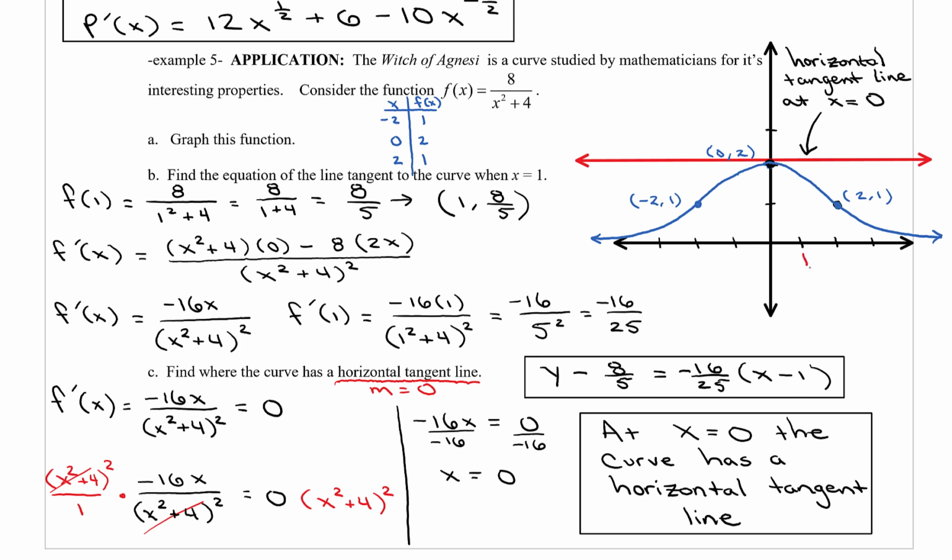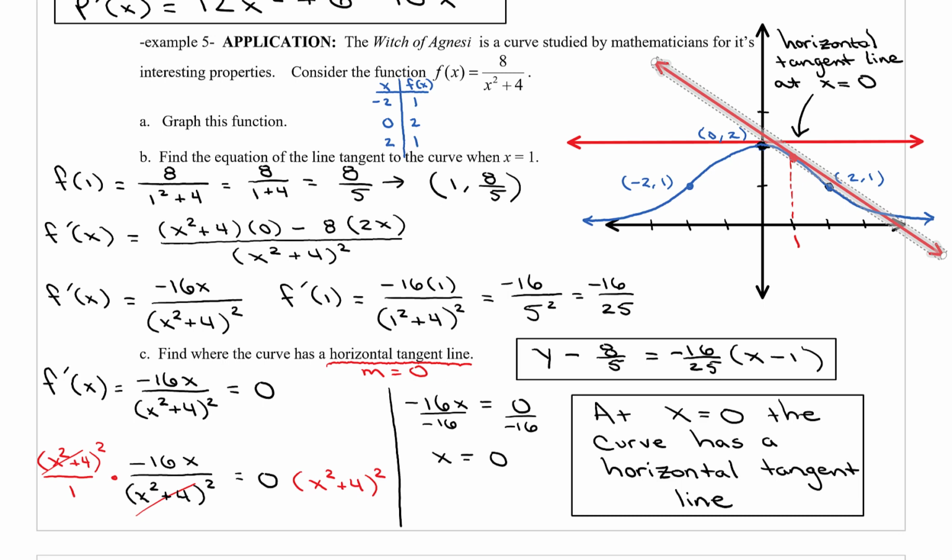I have also labeled 1 on the x-axis. I've drawn a dashed line segment going up to the point where x is equal to 1. I have also drawn the tangent line at x equal to 1 so that you could visualize the line that is associated with the equation that we found for part B. I've drawn an arrow pointing towards that line, and I've also drawn an arrow from the equation that we found from part B to the line, because this is the equation that represents this line.